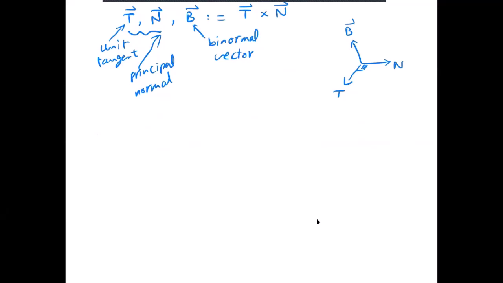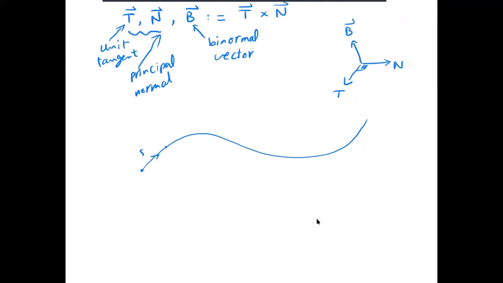So we have a moving plane with any space curve. If this is the direction of motion, this is the direction of increase of the value of S, the distance. At every point, we have a unit tangent vector T and a normal vector N. How to find N?